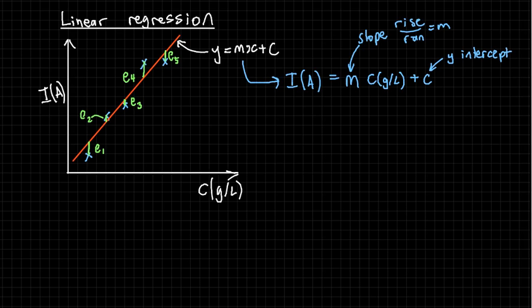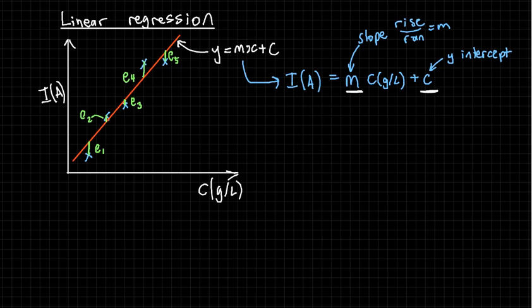Alright, so now that we've got that, linear regression basically works out a way of thinking about these errors and then giving it to the computer so that the computer can optimize this value here and this value here to give us the minimum error.